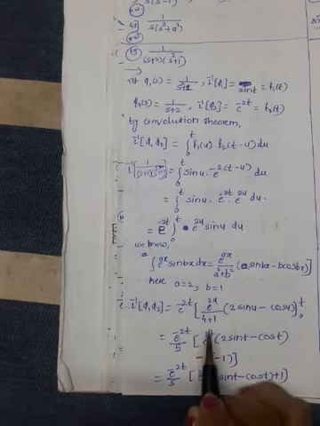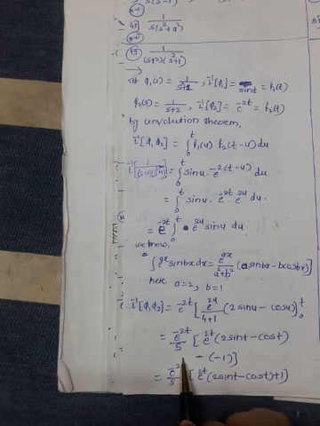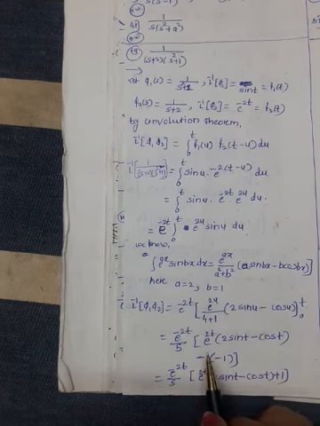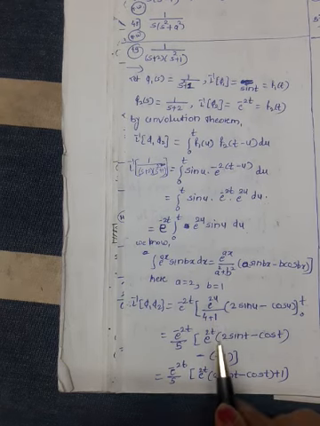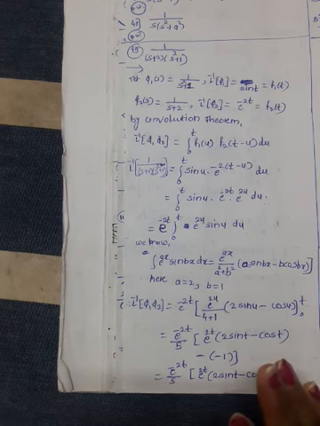Now we take this constant outside, that is 4 plus 1 is 5. Take it outside and put the limits now. First keep the bracket as it is until you are done with the limits. Just don't remove the brackets.